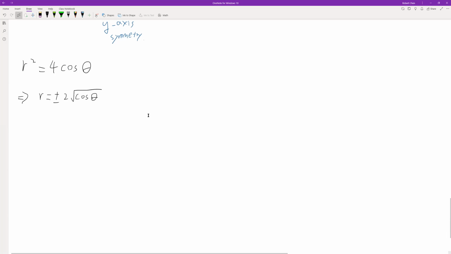So we will have plus and minus. Now in this case, we actually want to include some points in the first quadrant, so for example, we can go from 0 to pi over 2. So let's build the table first.